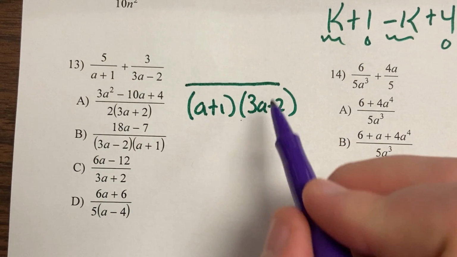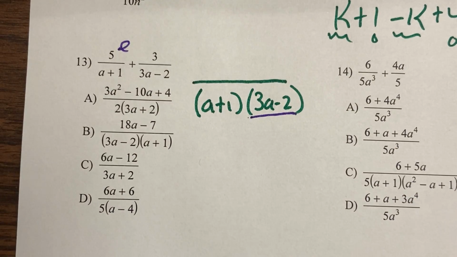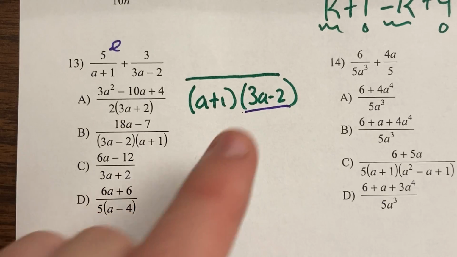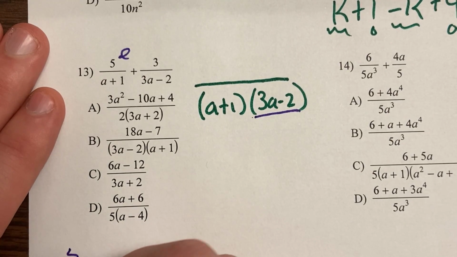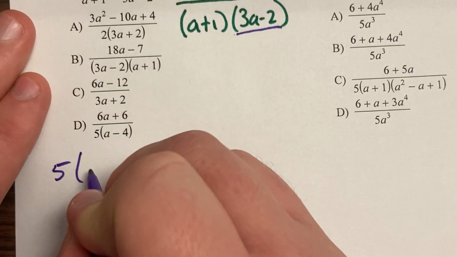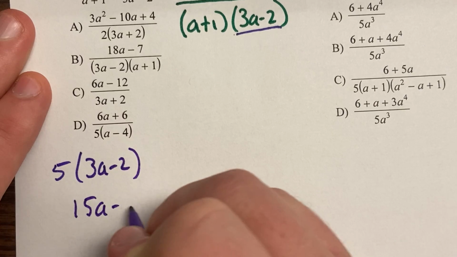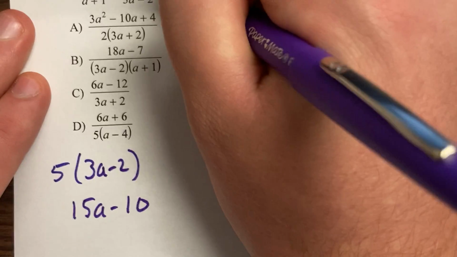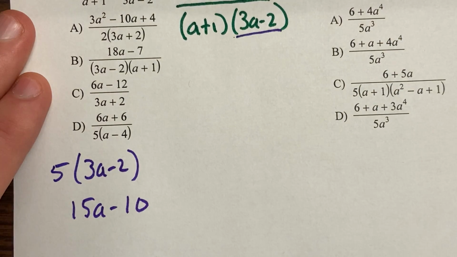So I'm going to multiply that first fraction by the denominator of the other part. So in essence, it's almost going to turn into a cross multiplication. So I have 5 times 3a minus 2, which is 15a minus 10.